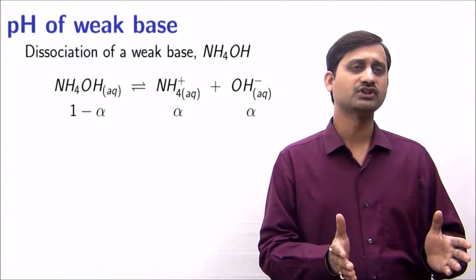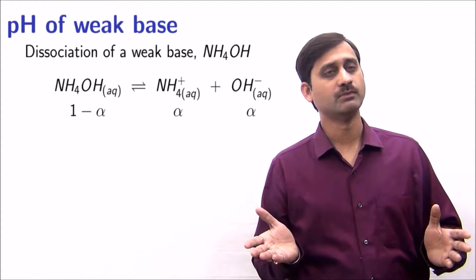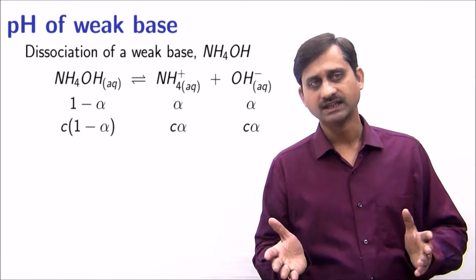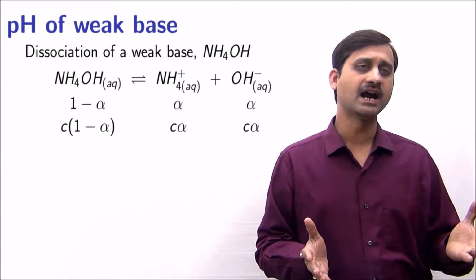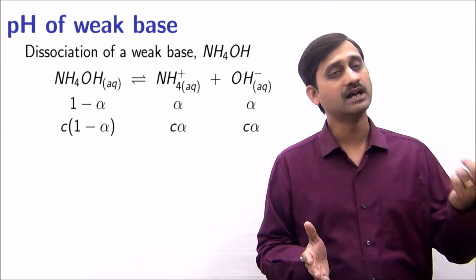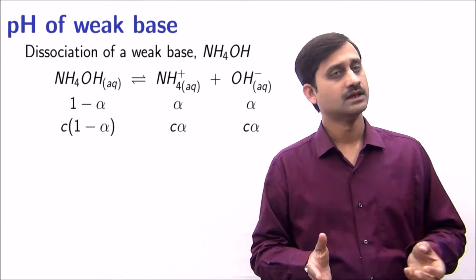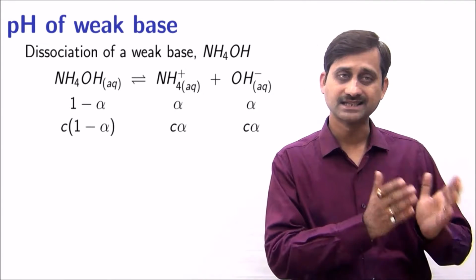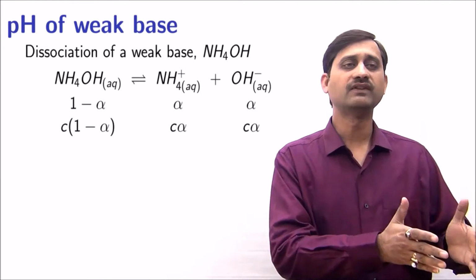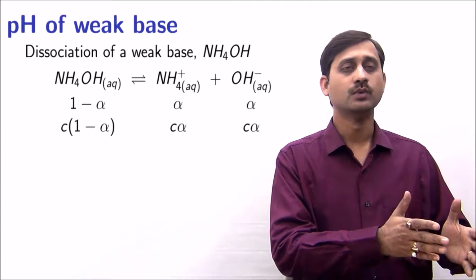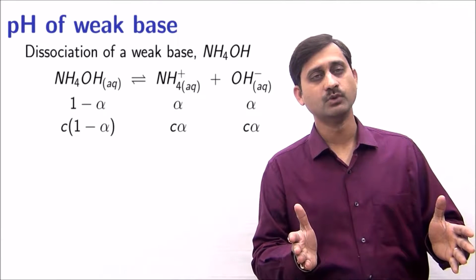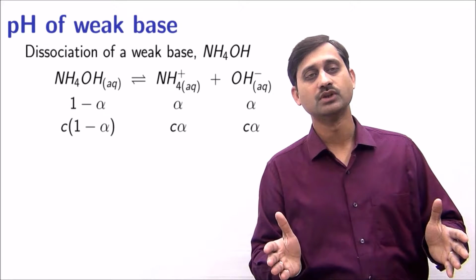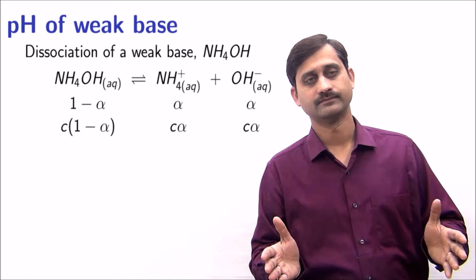Multiplying the entire equation by the concentration C of ammonium hydroxide, we get the final concentration of ammonium hydroxide as C(1 minus alpha). The amount of ammonium hydroxide undergoing dissociation is C alpha. C alpha moles of ammonium hydroxide would give C alpha moles of ammonium ion and C alpha moles of hydroxide ion.